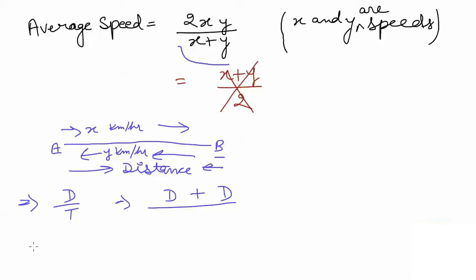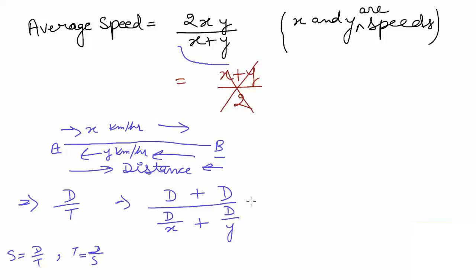The formula to calculate time is, if speed is equal to distance over time, then time taken is equal to distance over speed. So the time taken is D over x plus D over y.